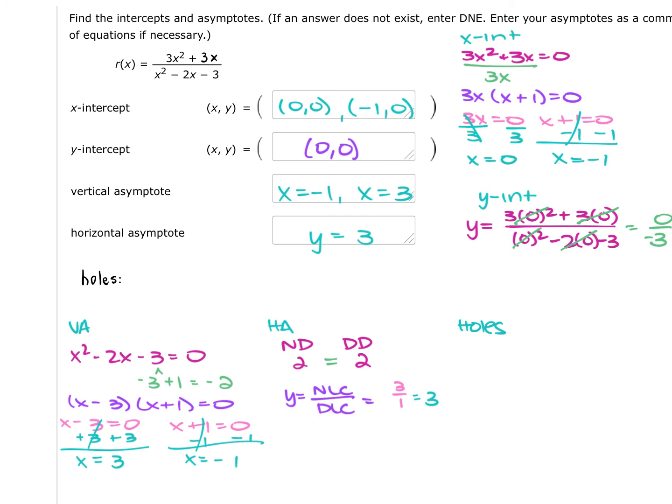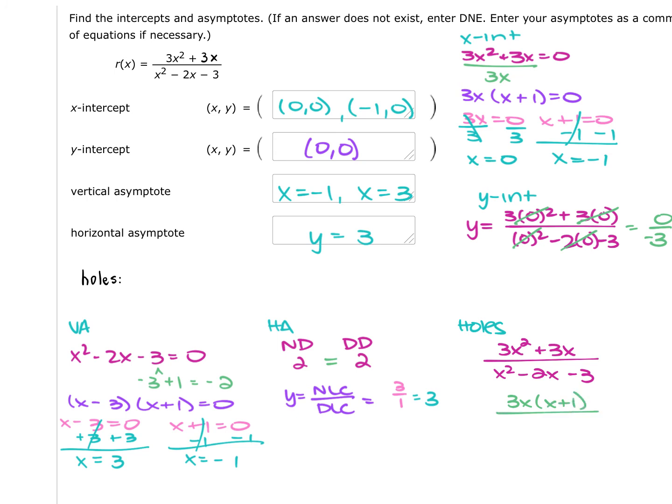Lastly, we want to find the holes. So we're going to take the numerator, which is 3x squared plus 3x, keep it over the denominator, which is x squared minus 2x minus 3, and factor both the top and the bottom. When we did the x-intercept, we factored the top to be 3x times x plus 1.